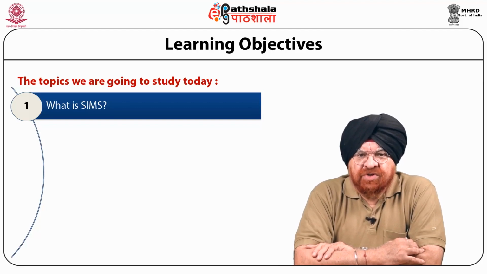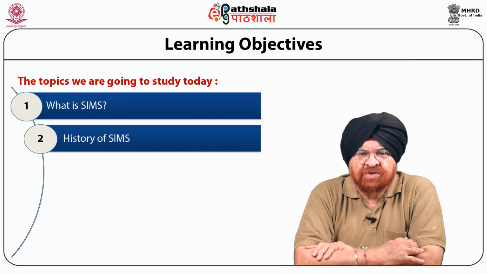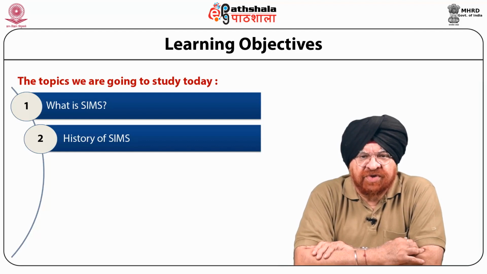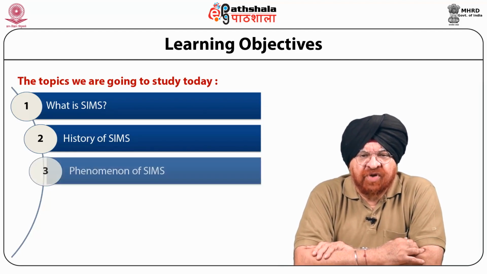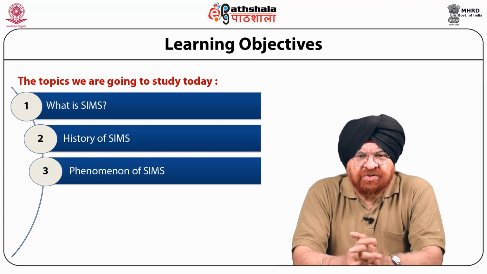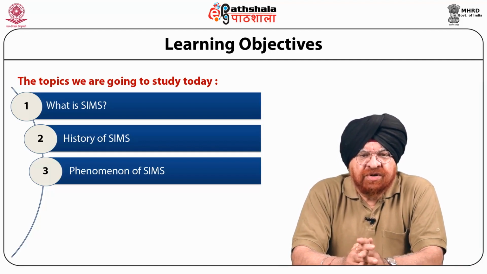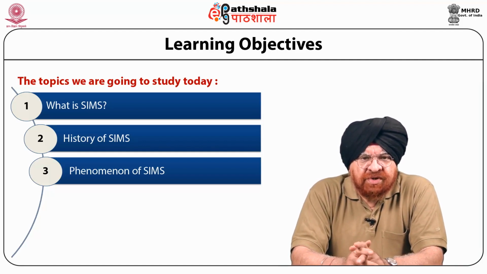Then we will proceed to the history of secondary ion mass spectroscopy, which includes the year of invention or discovery, along with the name of the scientist who did this. And from here, we will go through the phenomenon of secondary ion mass spectroscopy, that is, the principle behind this technique called SIMS.